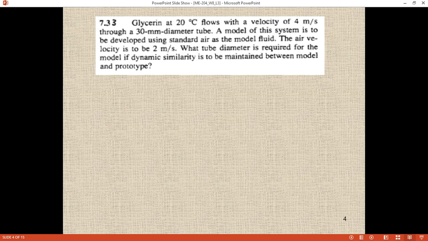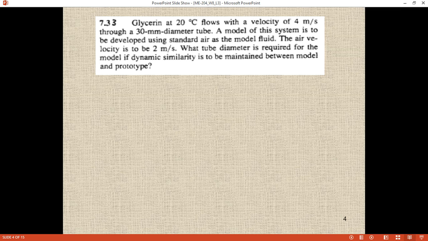Here the problem is: glycerine at 20 degrees centigrade flows with a velocity of 4 meter per second through a 30 mm diameter tube. We are not talking about the material of the tube, just the flow and the diameter.